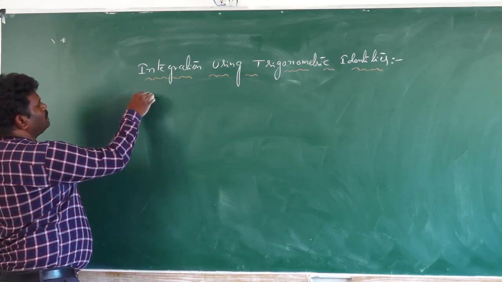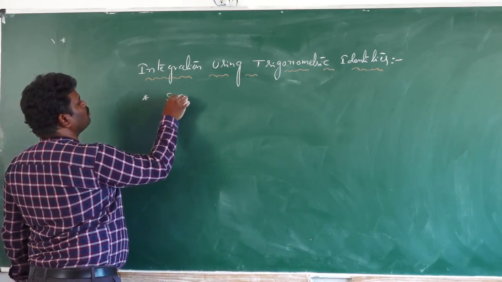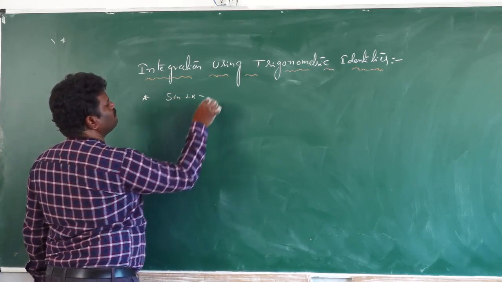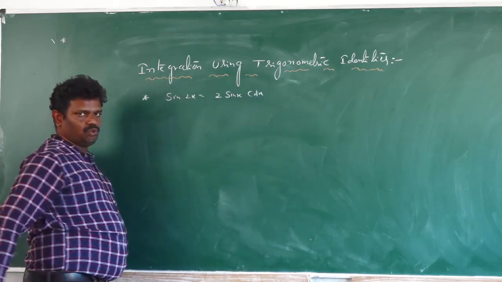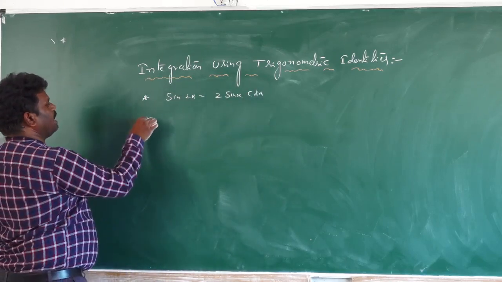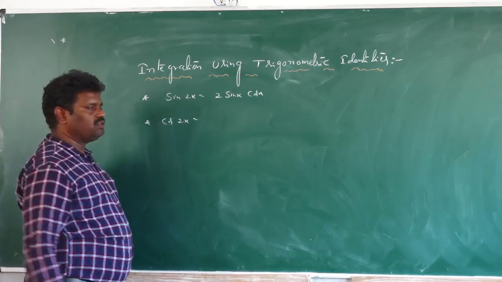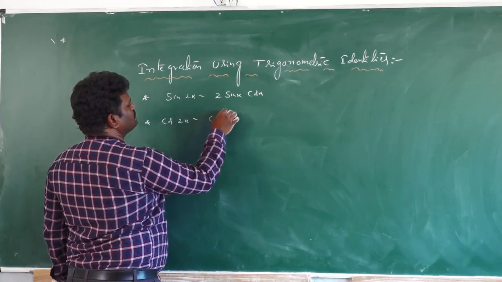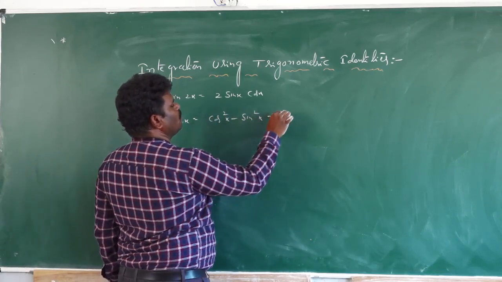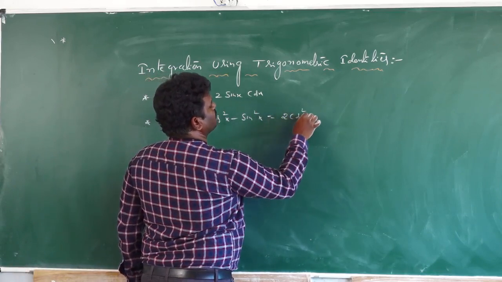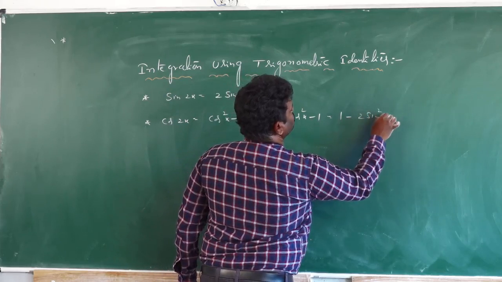If you already know these trigonometric formulas: sin 2x is equal to 2 sin x into cos x. And cos 2x has 3 standard formulas: cos square x minus sin square x, equal to 2 cos square x minus 1, equal to 1 minus 2 sin square x.